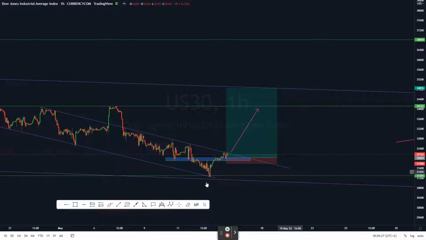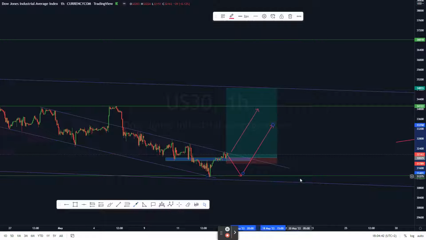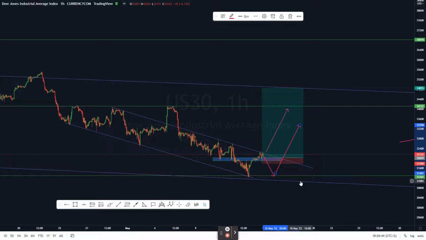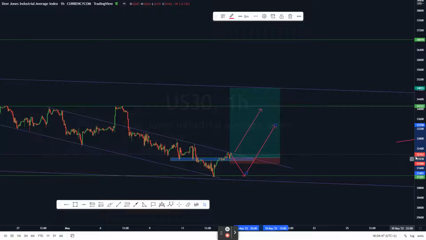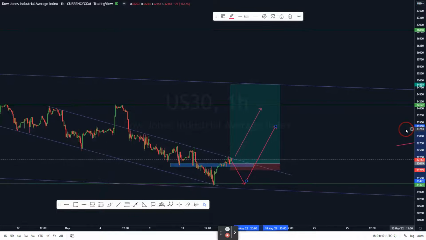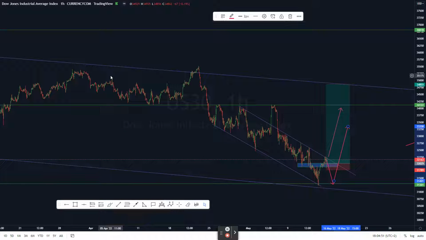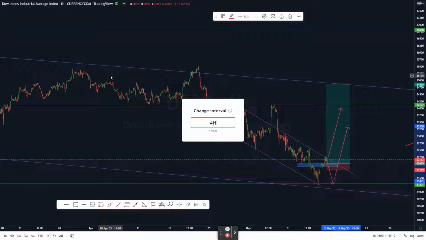Otherwise, if things go south, I see the price of US30 coming to test this level and bouncing back to the top. That's where we could take the next long should we see a powerful move back to the upside. Besides that, we wait. I wouldn't expect to take any shots at this point.